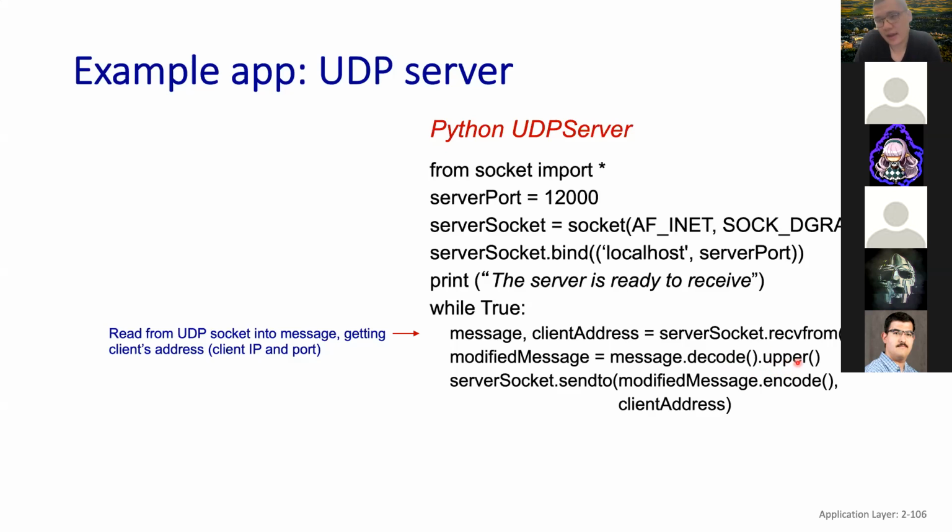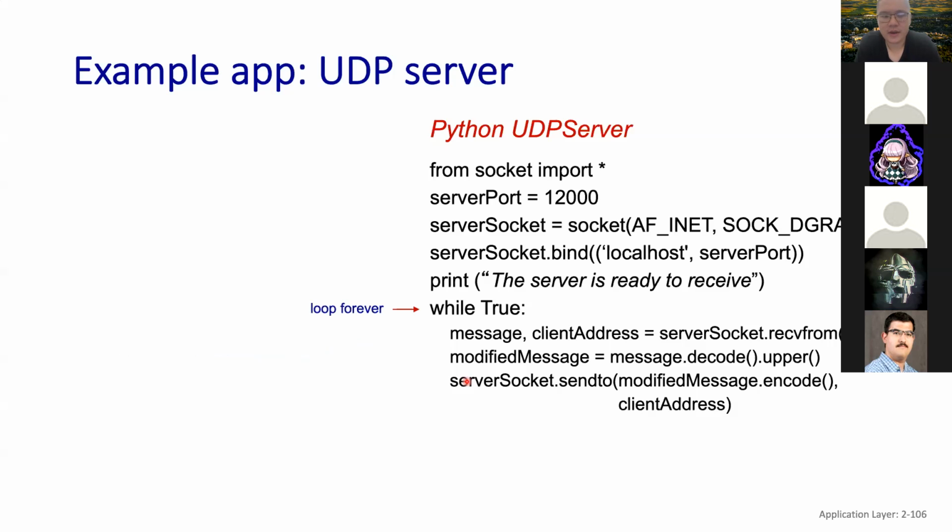Python has given you a lot of good functions. If you program in C or C++, maybe you need to program the decode, maybe not upper, but at least the decode, you need to include some library, right? Otherwise, who knows what kind of encode and decode algorithm you want to use? And after that, you have the modified message. You send the modified message, encoded, to the client side, okay?